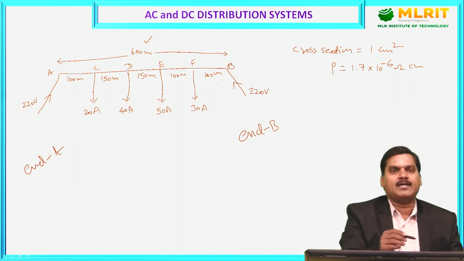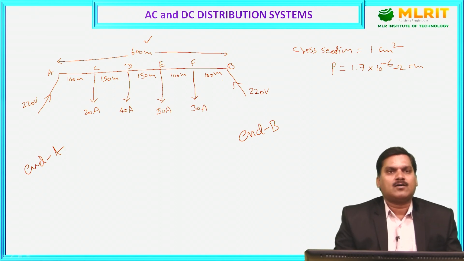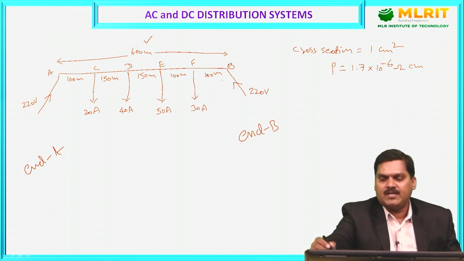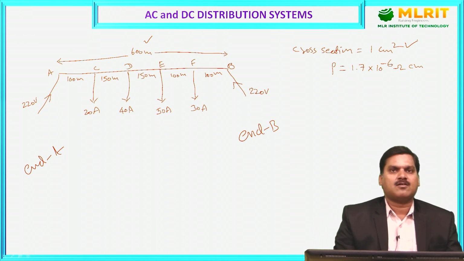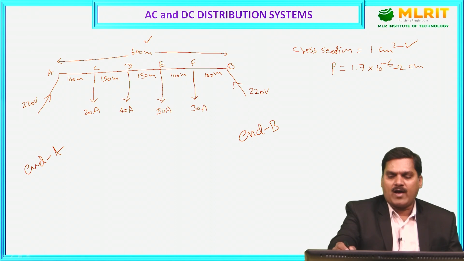So the total distributor length is 600 meters. The cross section of the conductor is 1 centimeter square, and the rho value is given as 1.7 into 10 to the power of minus 6 ohm per centimeter.